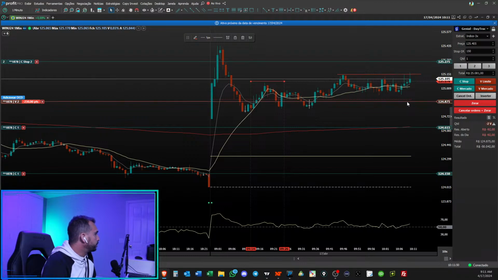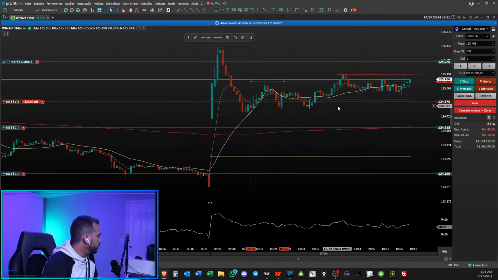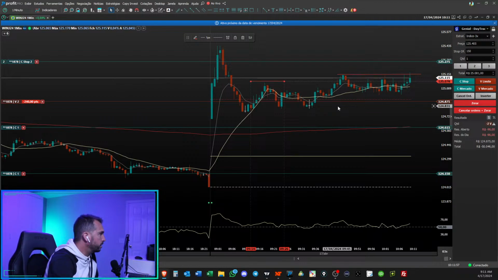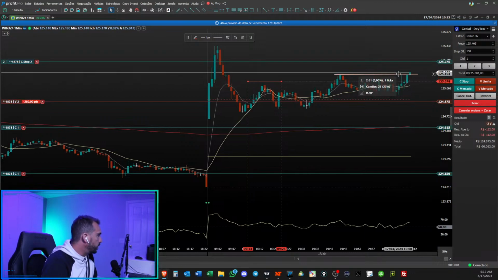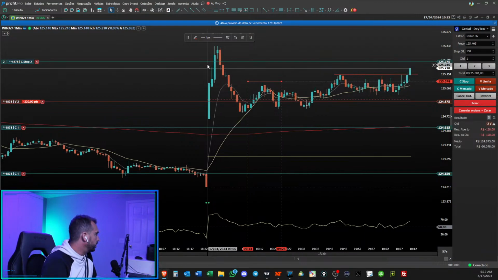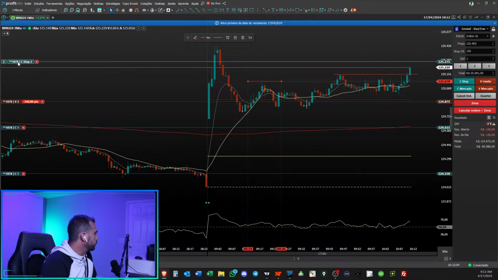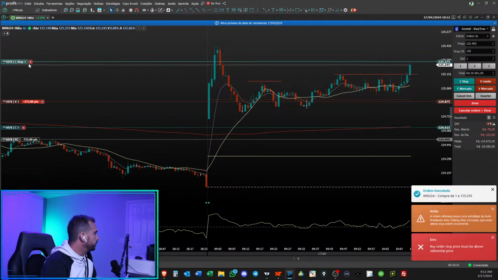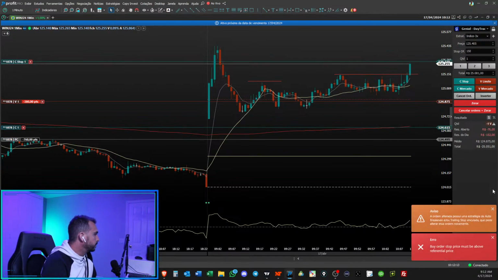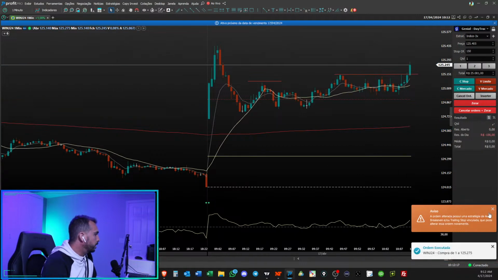But usually with the mini index, you have to keep the stops a little bigger than the others, because the mini index does play a lot. It wicks a lot. Yeah, but see, I don't want that. I want to get stopped right there. Yeah, let's get stopped. All right. We did it. Oh yeah, we did now.